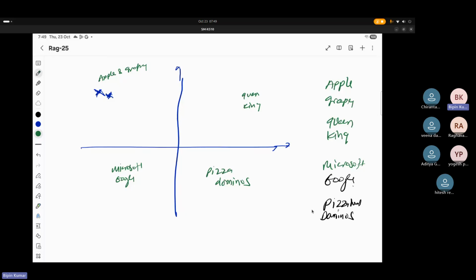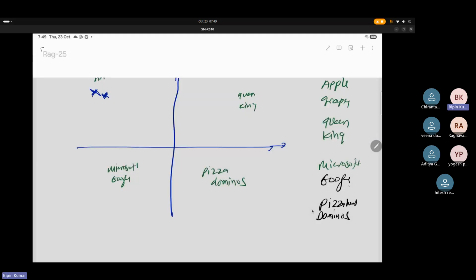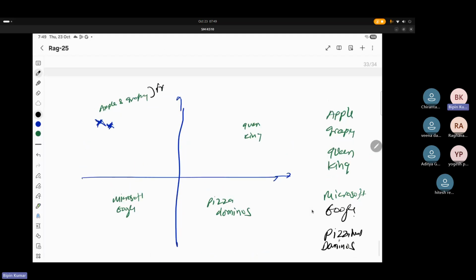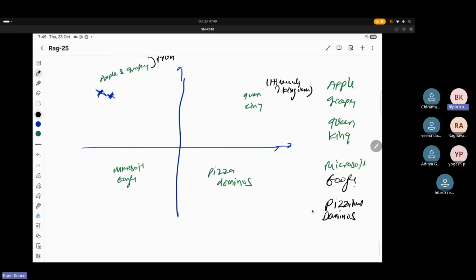Apple and grapes are about food, sorry, fruit. And this is about the hierarchy of a kingdom. Microsoft and Google are basically tech companies. Okay, and pizza, Domino's are food companies.